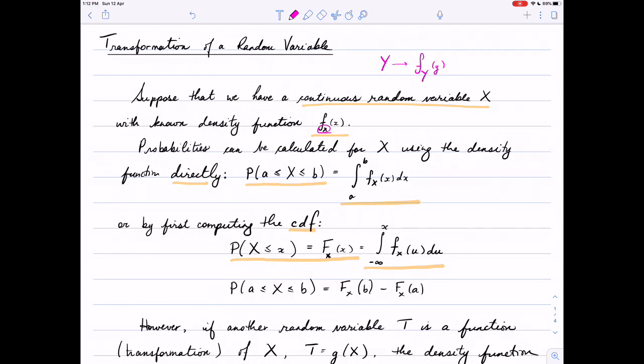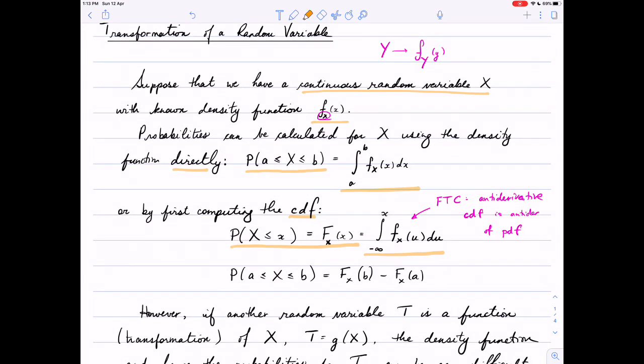And if we recognize this format from the fundamental theorem of calculus, it tells us that the CDF is an antiderivative of the PDF. Right? The cumulative is an antiderivative of the density.